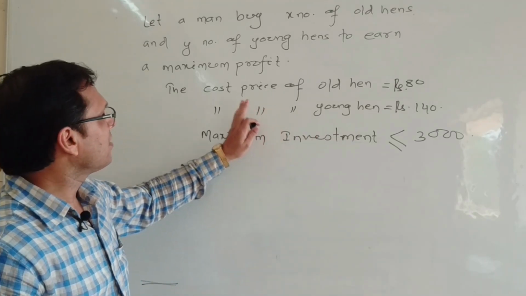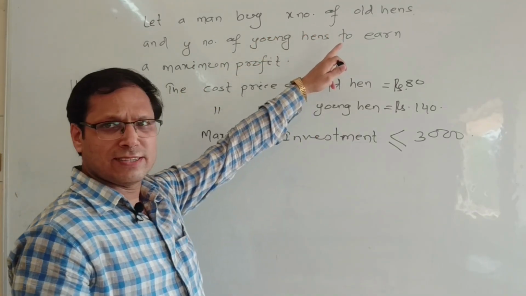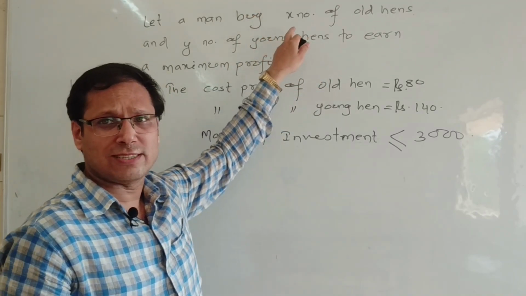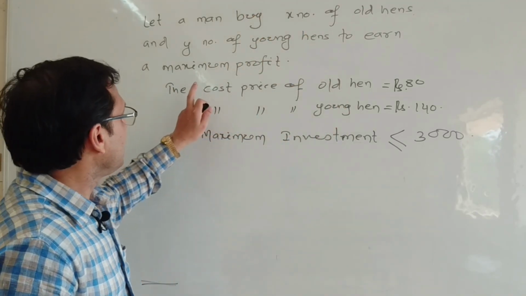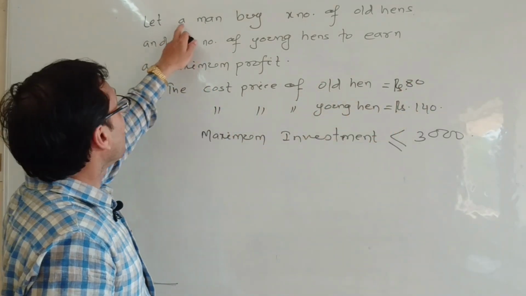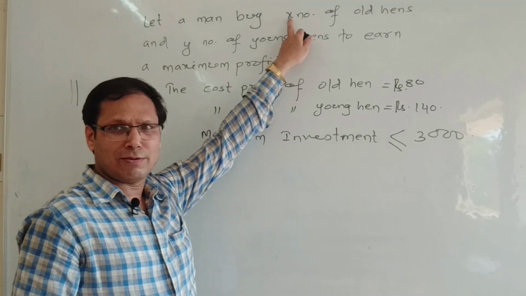First of all, given X number of old hens, Y number of young hens, our supposition. These are two decision variables. Next, each old hen rupees 80. Then how many old hens are there? X number of old hens.